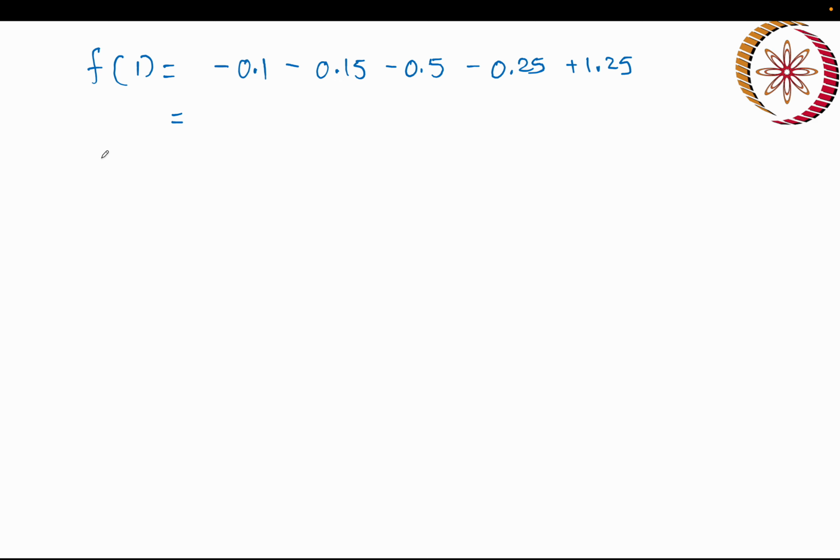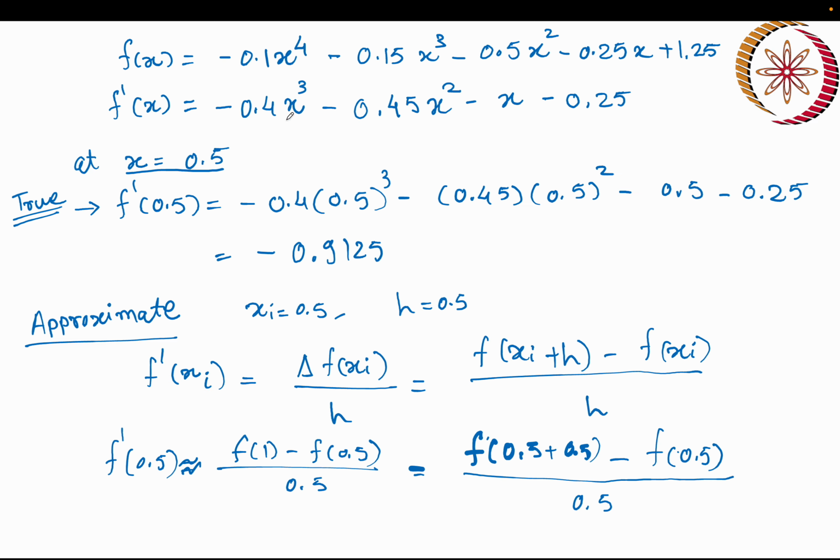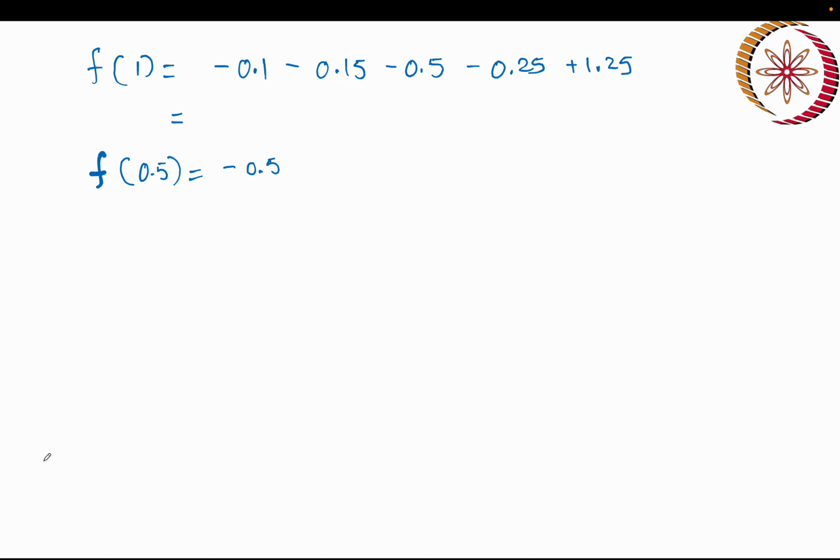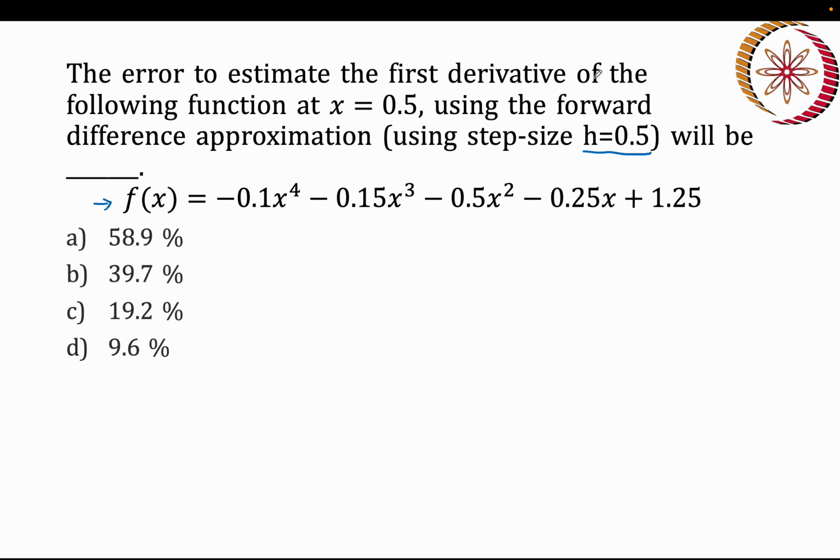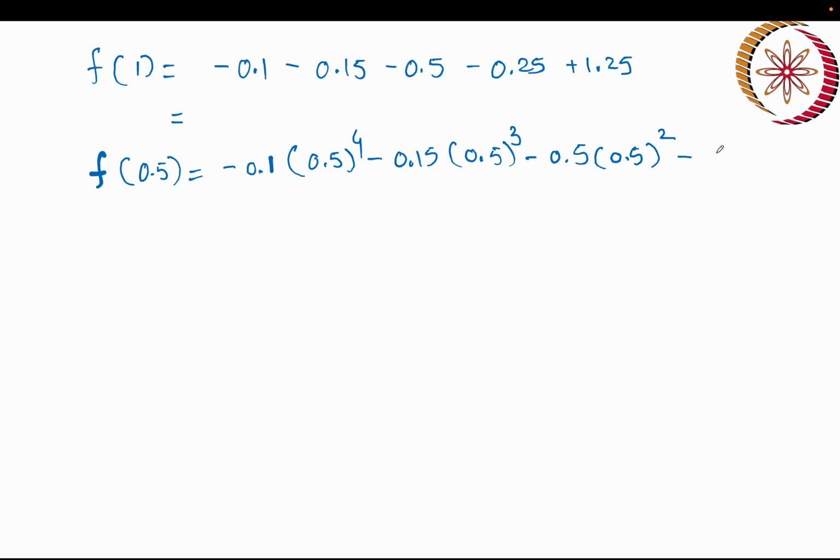Okay, and then we substitute 0.5 to get f at 0.5: minus 0.1 into 0.5 raised to 4, minus 0.15 into 0.5 cube, minus 0.5 into 0.5 square, minus 0.25 into 0.5, and plus 1.25.